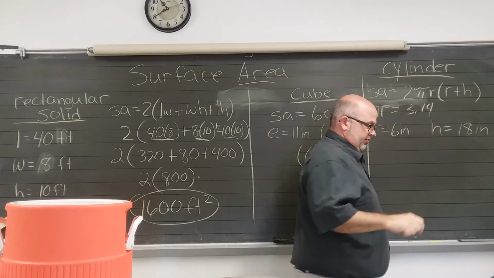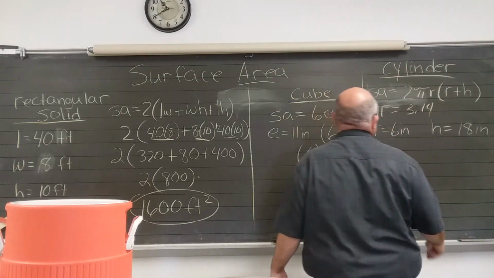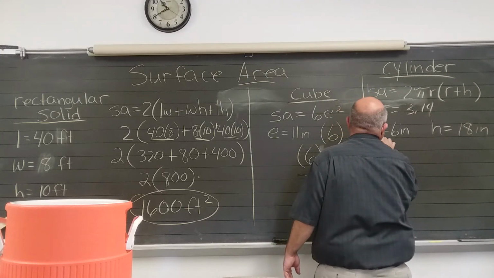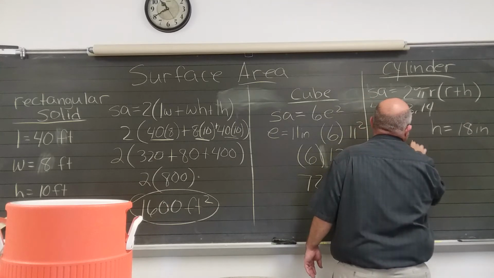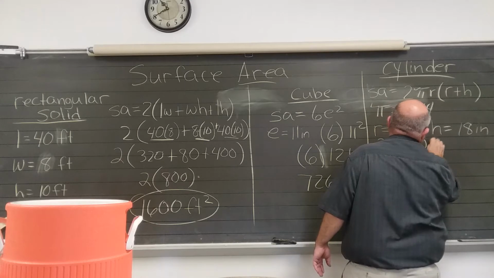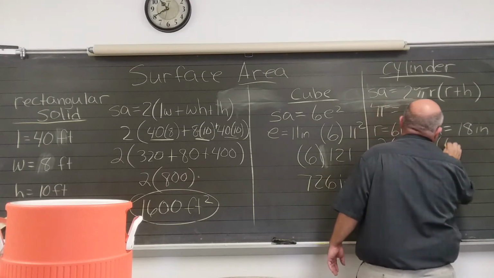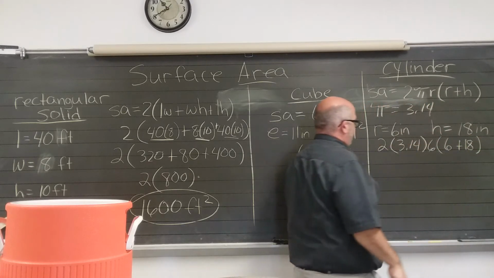I'm going to run out of space here. So then, with 3.14, it would be 2 times 3.14 times 6, your radius, times 6 plus 18, right?